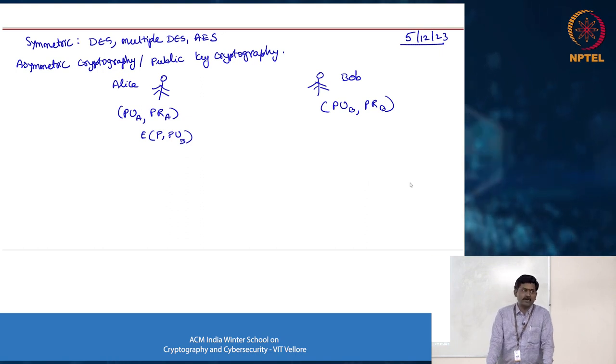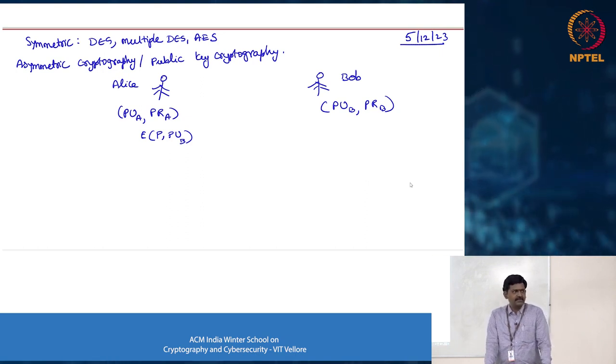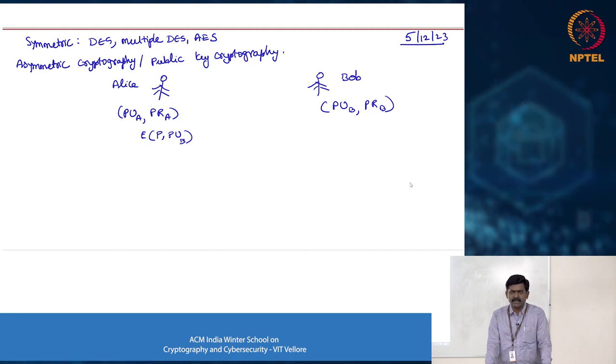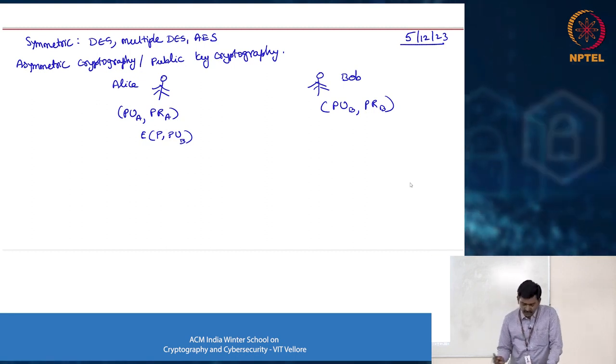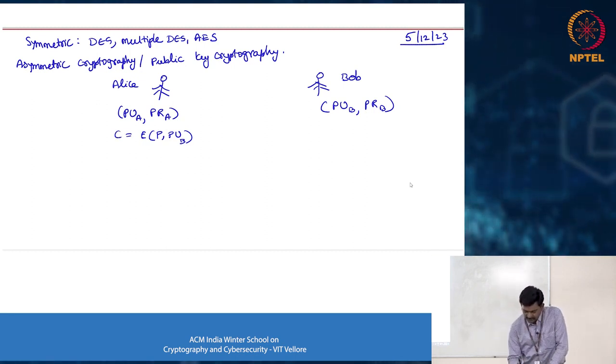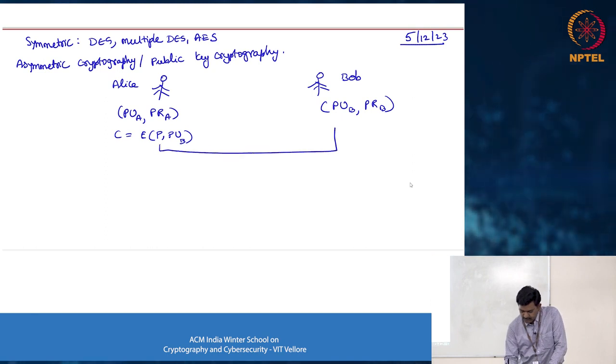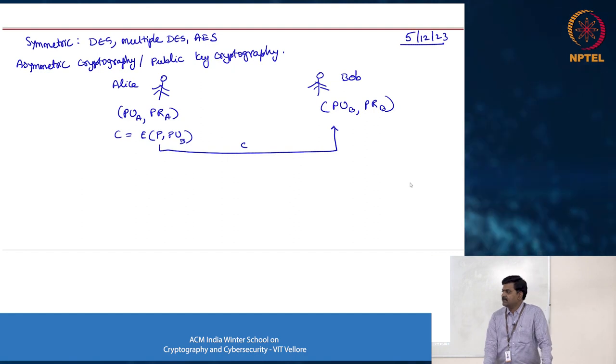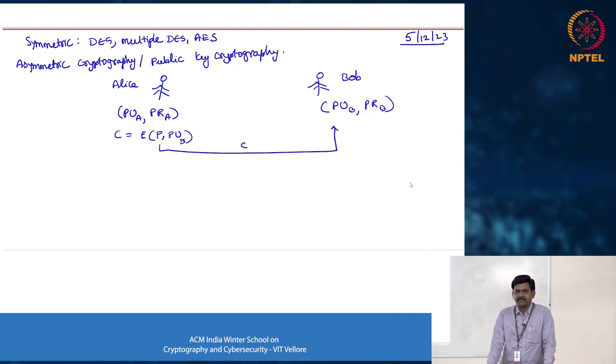The public key of Bob, and obviously we are saying it's public, and hence Alice knows the public key, right? So, create the ciphertext, send it to Bob.